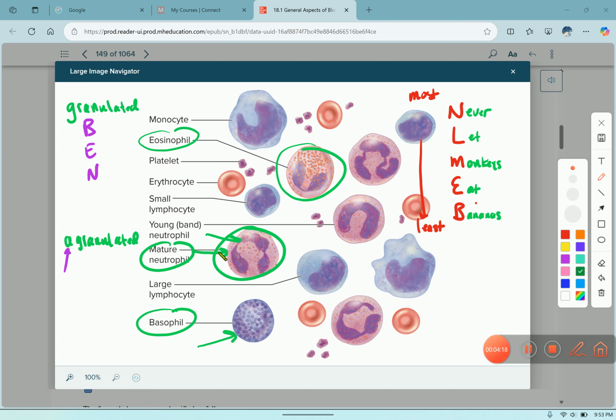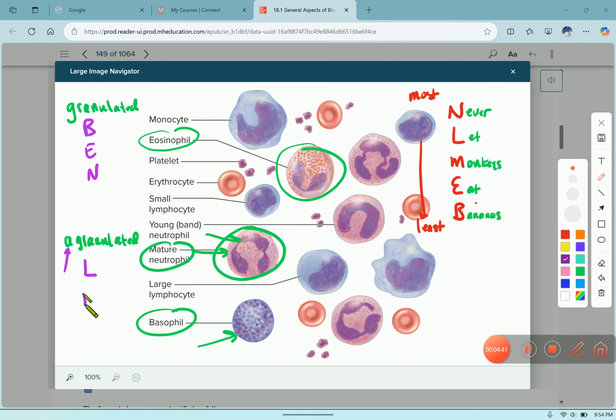Okay, so to recap, the white blood cells, you can list them in most abundant to least abundant. You can also list them as granulated versus agranulated. Okay, the agranulated ones are the remaining 2 of the 5. Okay, so we've got 3 granulated and then 2 agranulated.